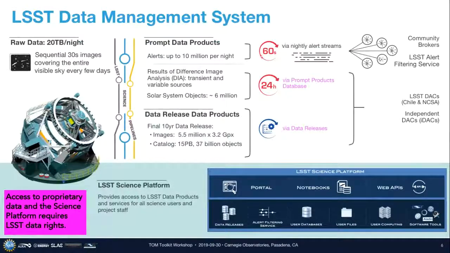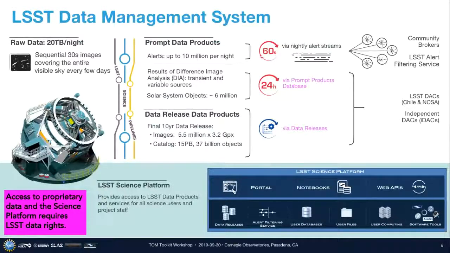And that produces a very extensive catalog of object properties, shape properties, photometric properties, astrometric properties, and time-dependent information from the single epoch photometry as well as forced photometry. And those data products are released approximately once a year.